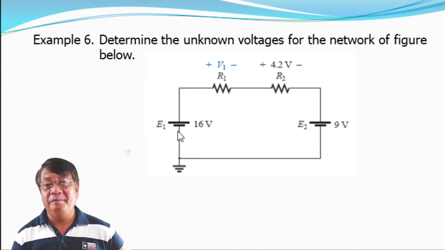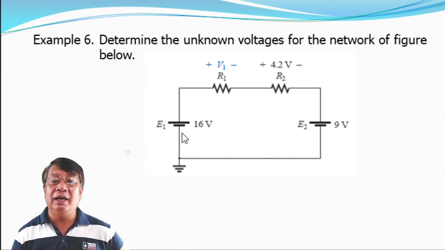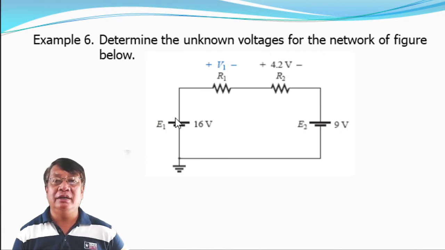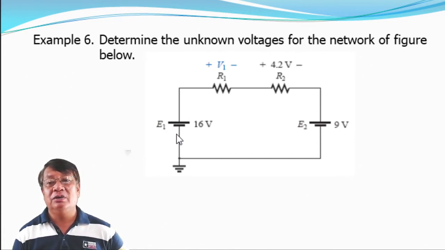Even though the terminal polarity here is not given, as we agreed in our previous discussions, the shorter horizontal bar is negative and the longer horizontal bar is the positive terminal for this DC source. Therefore, the flow of your current here is clockwise.